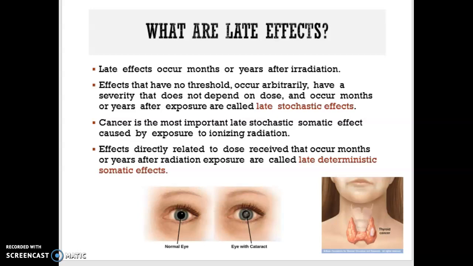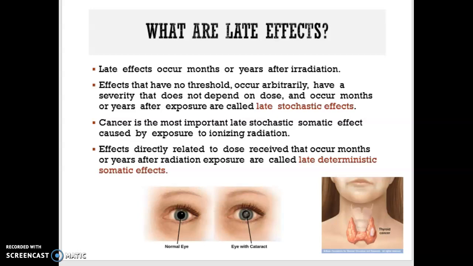Late effects occur over months or years after the irradiation, and the effect has no threshold. It occurs arbitrarily, has a severity that does not depend on the dose received, and is referred to as a late stochastic effect. Cancer is the most important late stochastic somatic effect. That means it affects the entire body by an exposure to ionizing radiation.